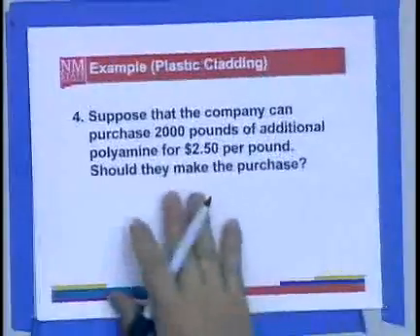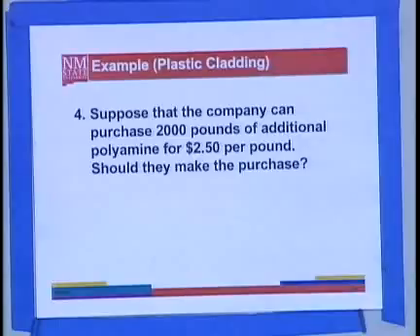Okay, what about number 4? Suppose the company can purchase 2,000 pounds of additional polyamine for $2.50 per pound. Should they make the purchase or not?